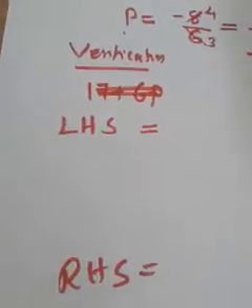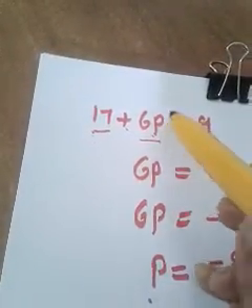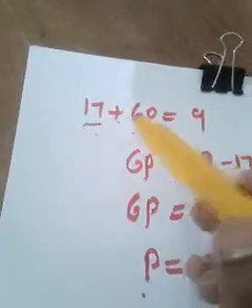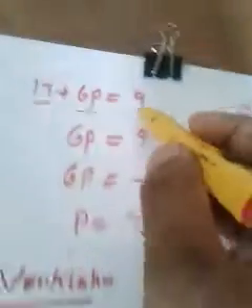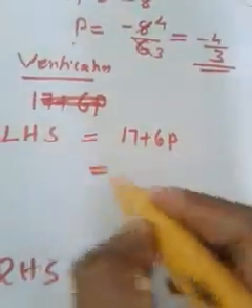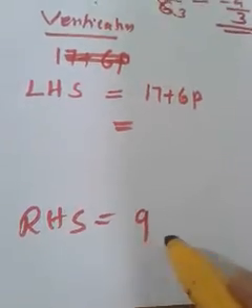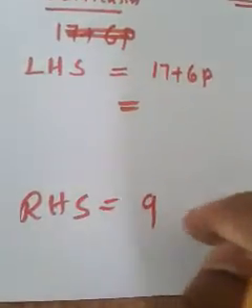Actually, this is the correct way of verification. Write LHS and write RHS. LHS means what is on the left hand side of the equality sign. What is there? 17 plus 6p. So write that, 17 plus 6p. And what is RHS? 9 as it is. For RHS there is nothing we can do, because it is the most simplified form.